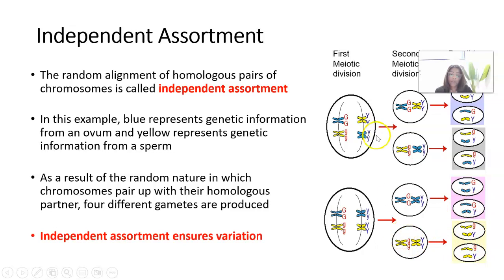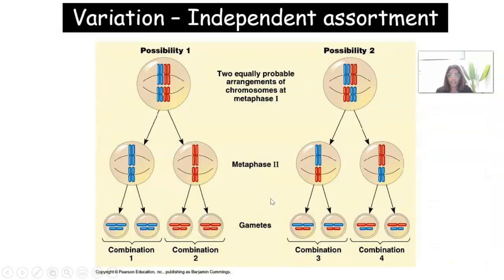So what this is showing us is that independent assortment of chromosomes, so the way that they line up along the equator in metaphase and dictating which cell they'll go into at the end of meiosis 2, will ensure genetic variation. So again, it's just another diagram to illustrate that point of independent assortment.